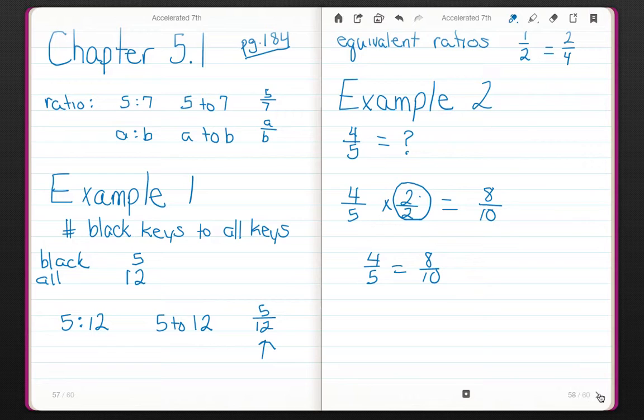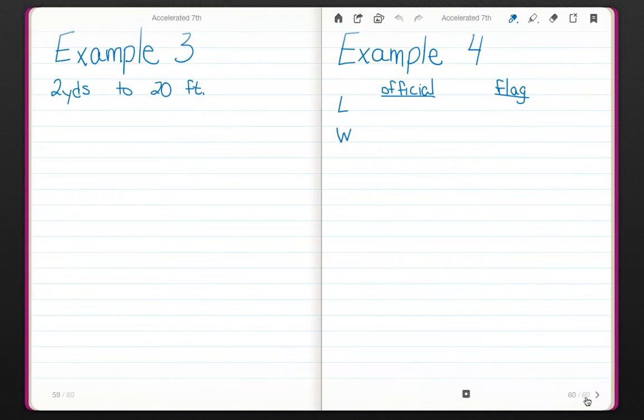So how can we apply this to a real life problem? Well, let's take a look at example 3. Number 3 asks to write the ratio 2 yards to 20 feet. So I'm going to rewrite this as a fraction.